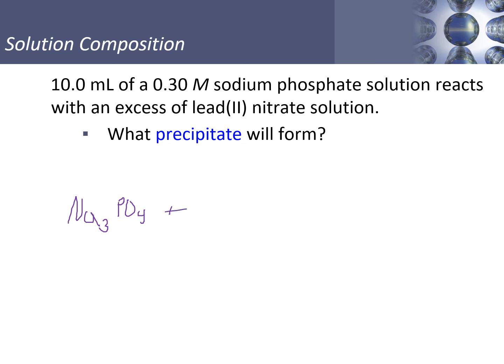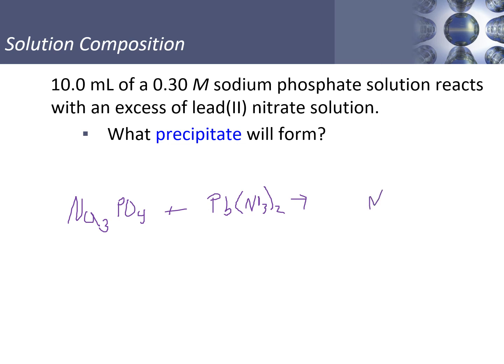And we are going to add to it excess lead 2 nitrate. So Pb nitrate is NO3 with a charge of -1. So Pb(NO3)2. And now we're going to have a double replacement. So remember, our cations are going to switch places.